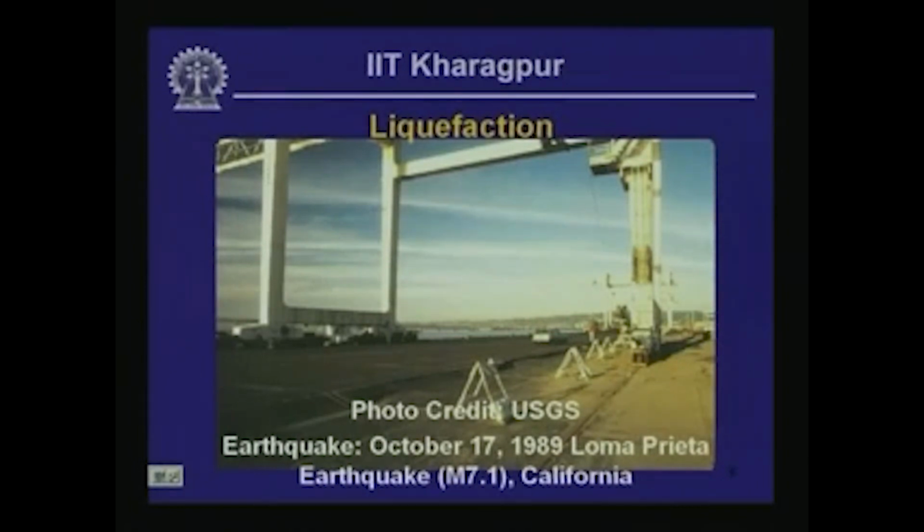This type of movement leads to damages of cranes and other port structures or port facilities, and that type of damage was widely observed during the recent Hyogoken Nambu earthquake near Osaka in the port of Kobe in Japan.